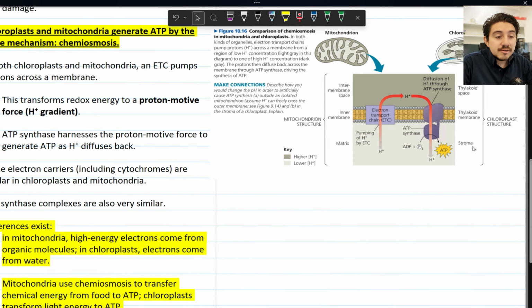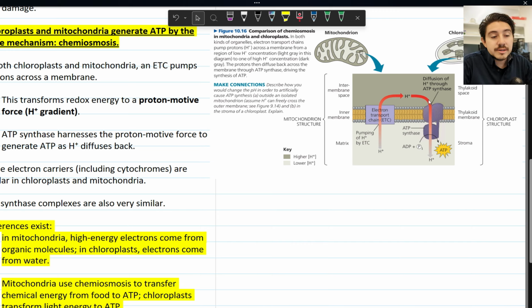In terms of chloroplast structure, hydrogen plus ions will be pumped into the thylakoid space, so inside the thylakoid space, and then released into the stroma. Chloroplasts pump into the innermost membranous space that you can find in the chloroplast, and then out into the stroma.